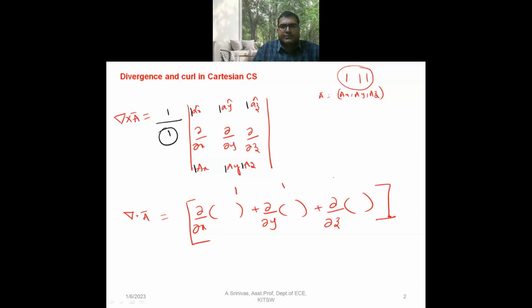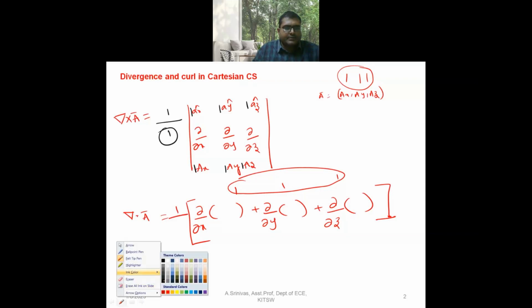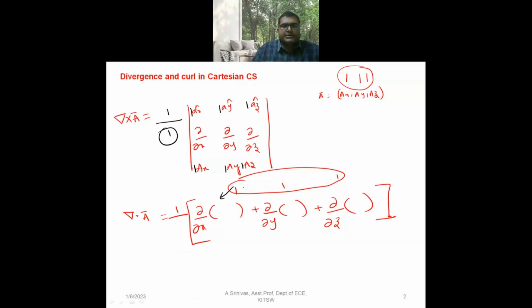Remember the notation 1, 1, 1. One by the product of 1, 1, 1 is 1.